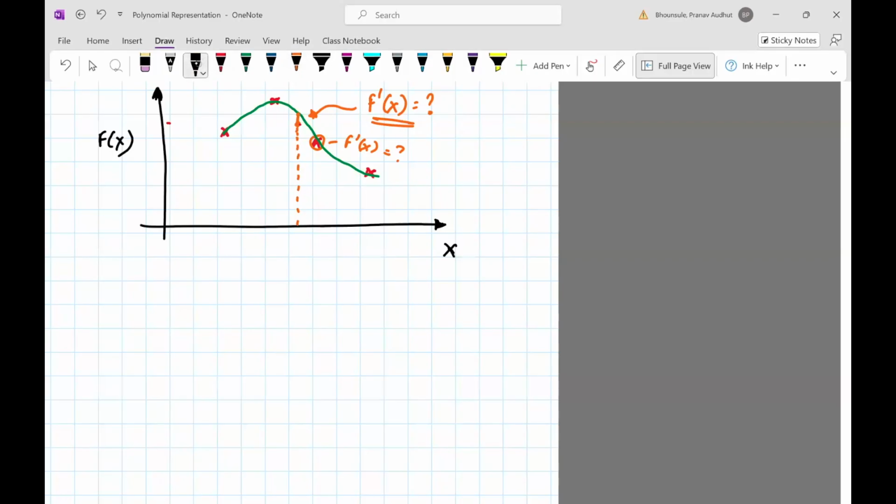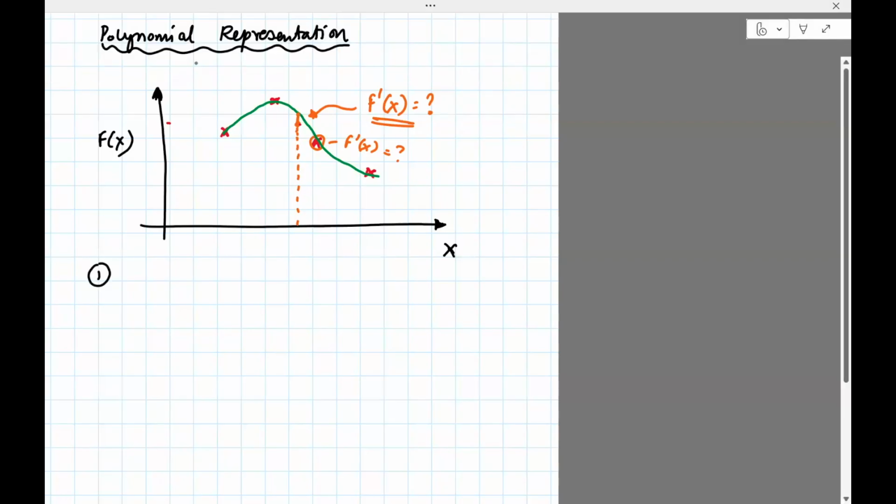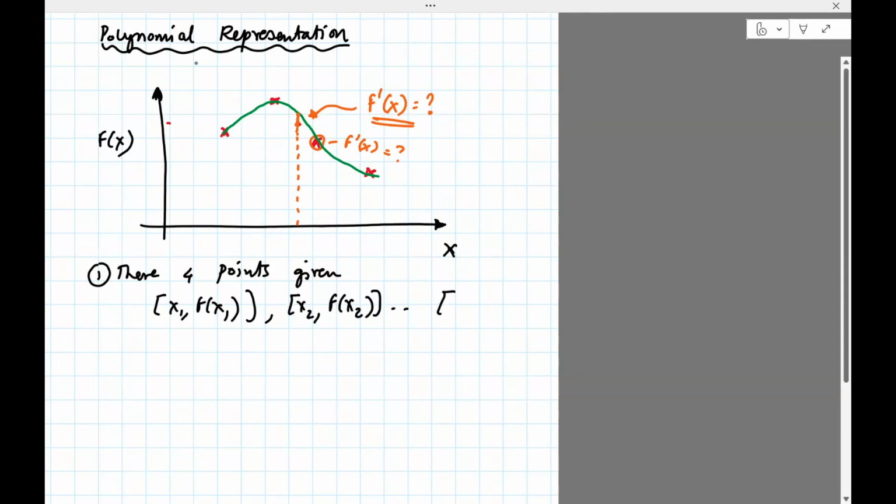So what we do here is, one, we notice that there are 4 points given. That is x1, f of x1, x2, f of x2, so on till x4. Well, this is 4 points.